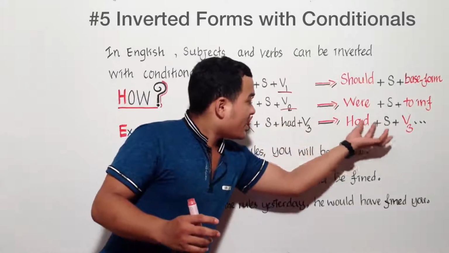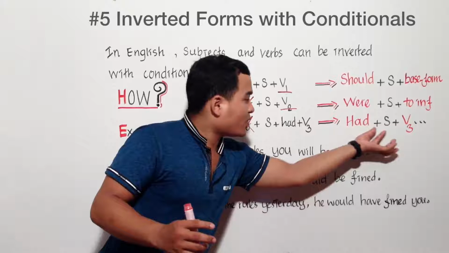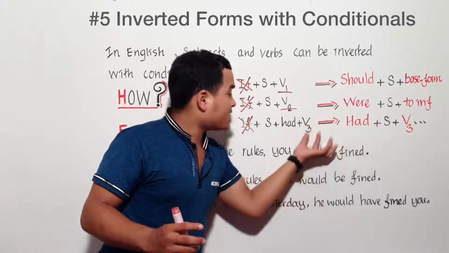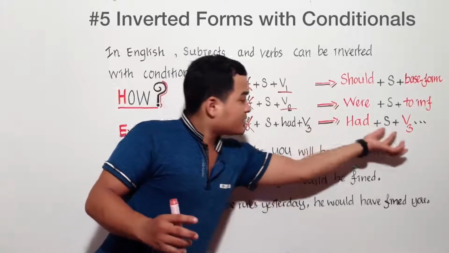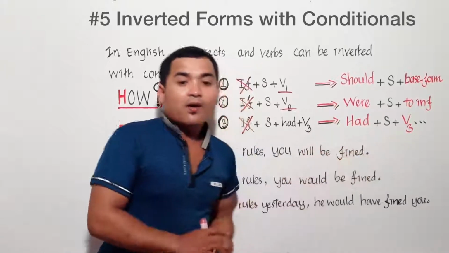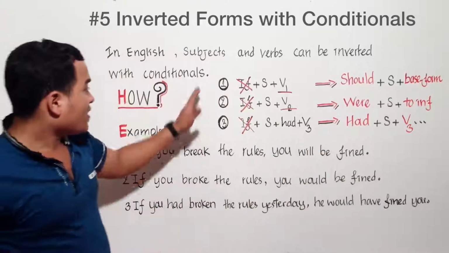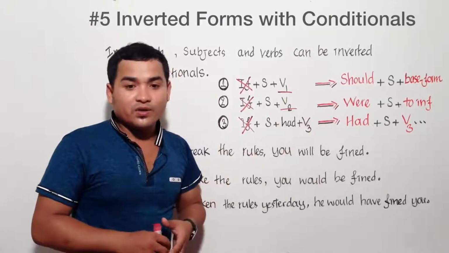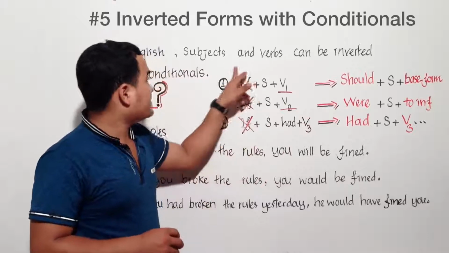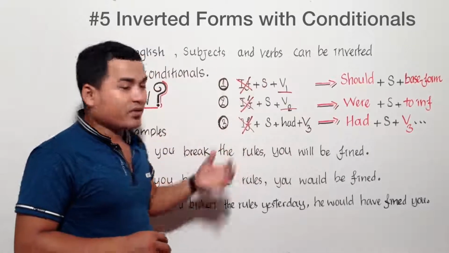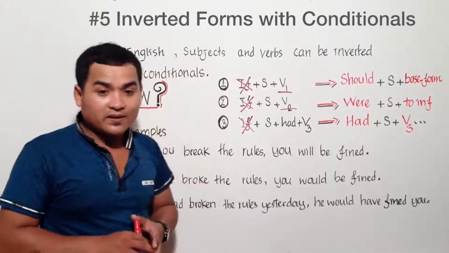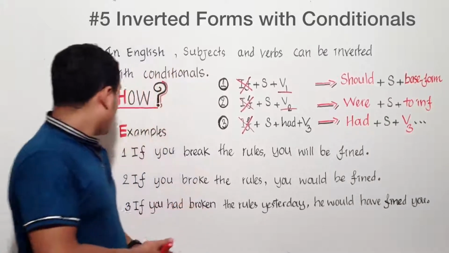Had comes before the subject, and then please keep verb 3 or past participle verb in the same form. Alright, so these are all the basic forms for how to invert the verb and subject with the three types of condition.